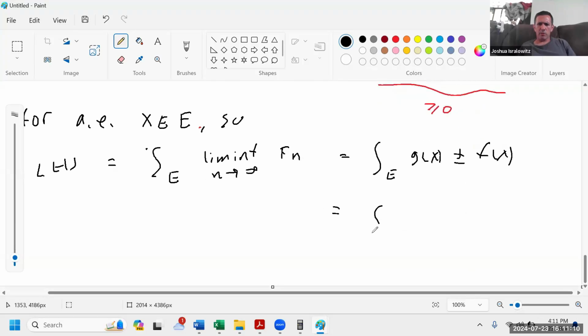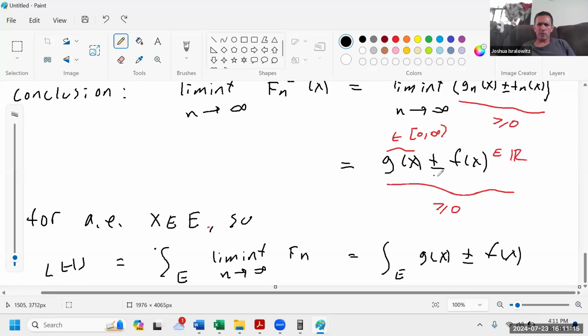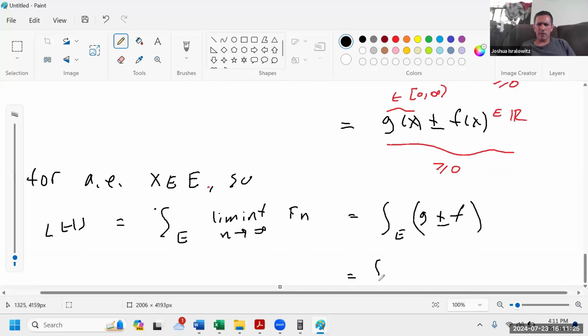And so this is going to be equal to maybe just do it like this. Really don't want to write f of x's everywhere. Annoying. Yeah, both are integrable.